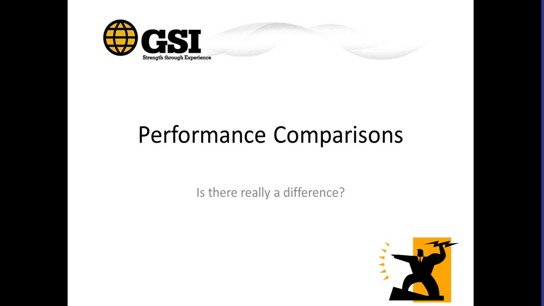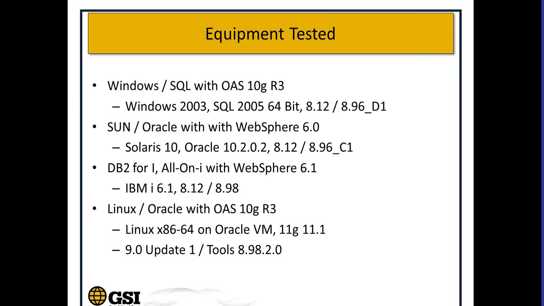So in terms of performance comparisons, the question here is really to ask, is there really a difference between all these different platforms, and what makes up that difference? I did a lot of research on the various platforms. On some of them, it's obvious that the data is a little bit outdated, but it's the best that's out there, and the best you can find at this point in time.